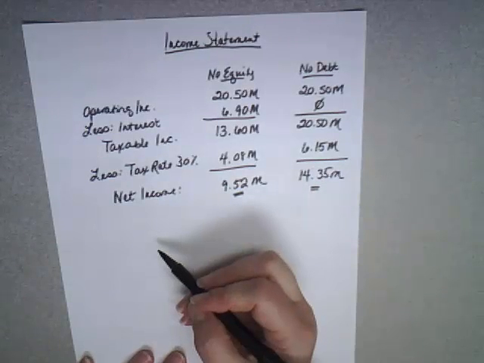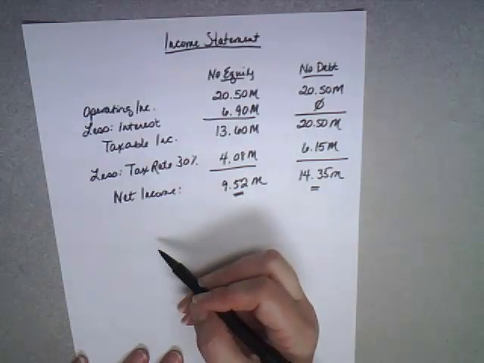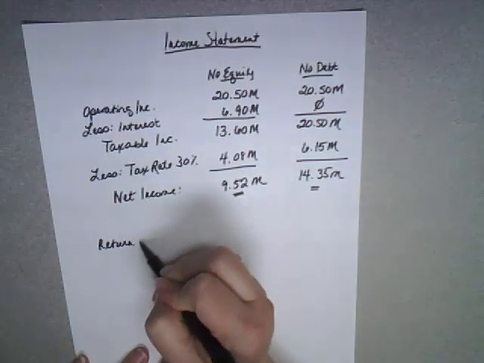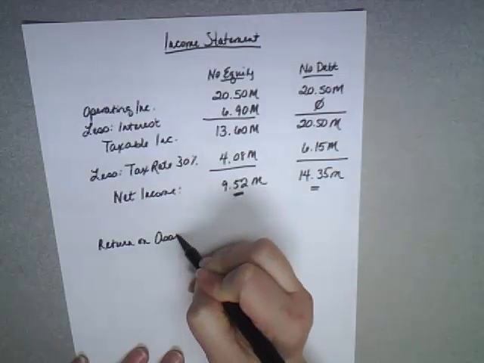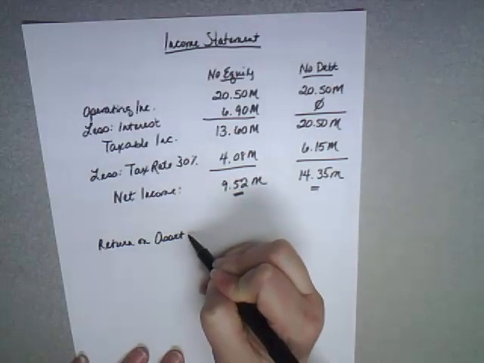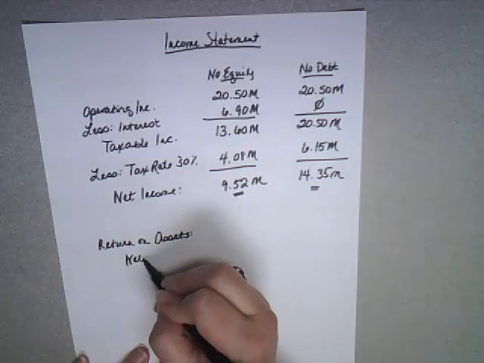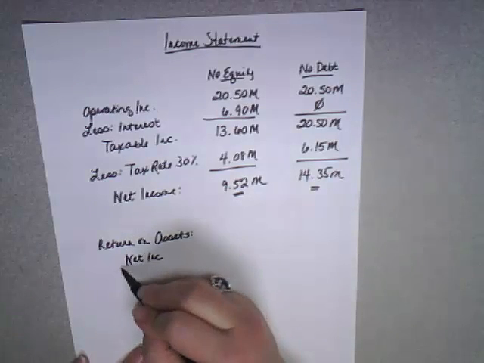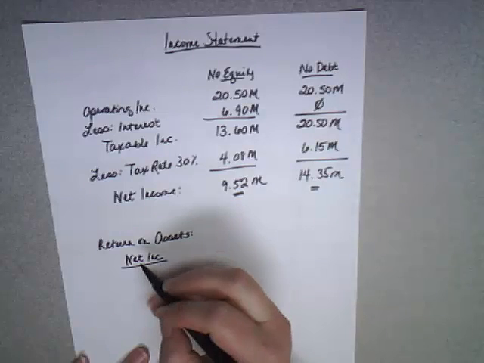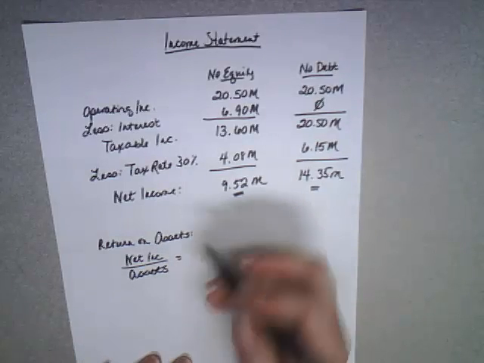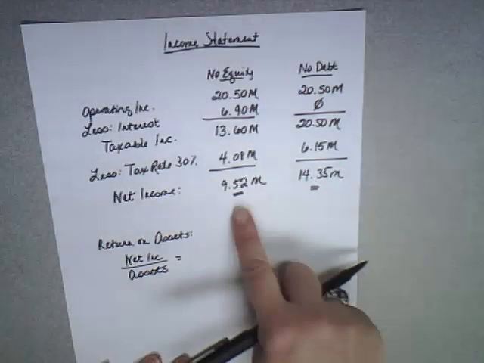Now we have to calculate the return on assets. And so the return on asset equation is calculated by taking the net income and dividing it by the assets. So we know each company has 70 million.